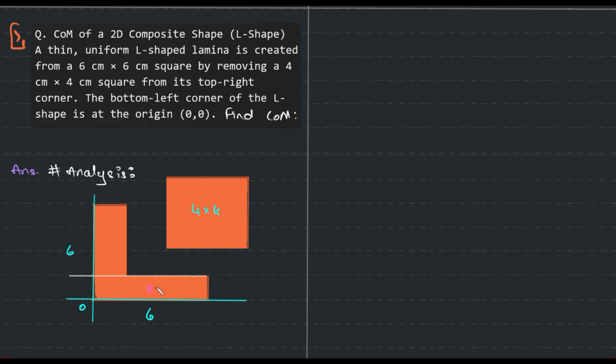Rectangle 1 has a dimension of 6 by 2, and rectangle 2 is 2 by 6. If I figure out the center of mass of these two, I can combine them and finish it up. The density is uniform, remember. So it's a good question.